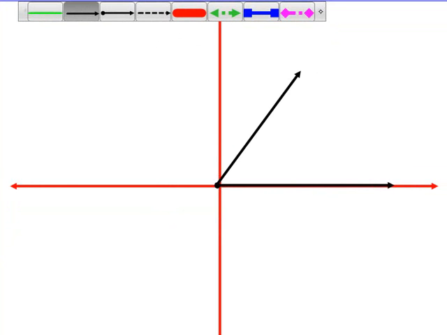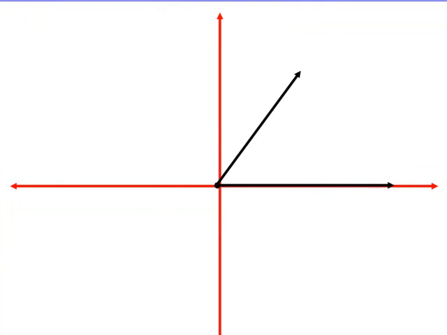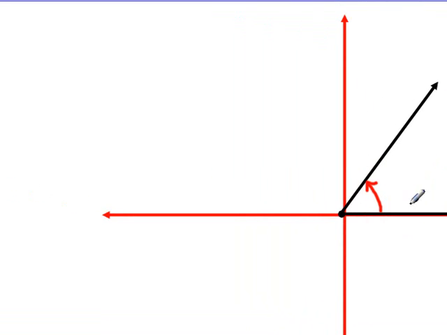So this particular angle has a representation where the terminal side is in the first quadrant. We can move counterclockwise to get a positive angle, but notice we could also move clockwise and come up with another angle that has the same initial side and the same terminal side that is negative.